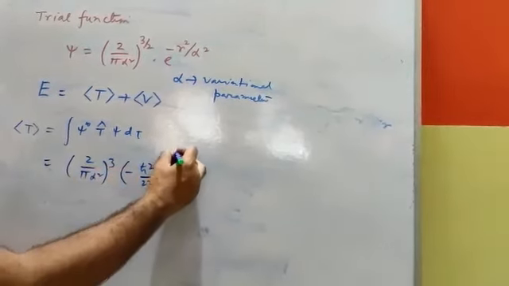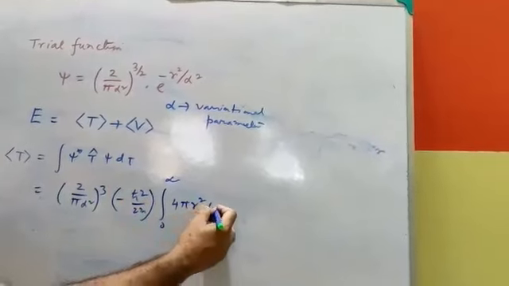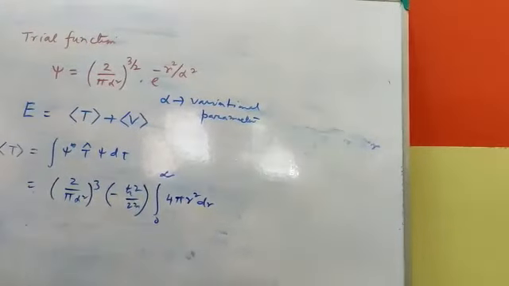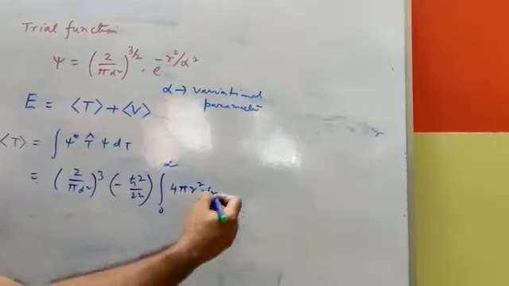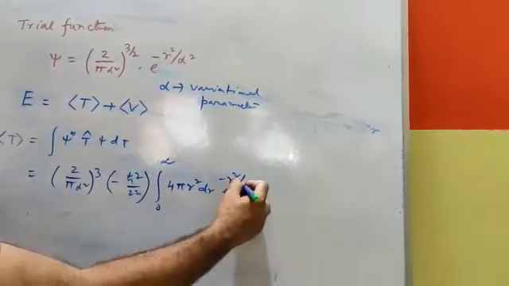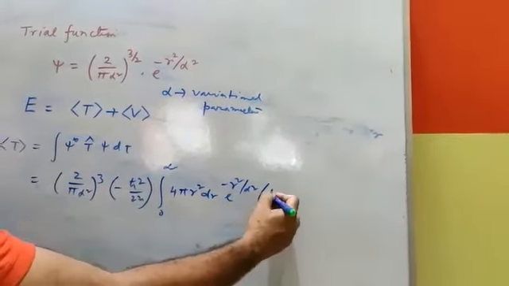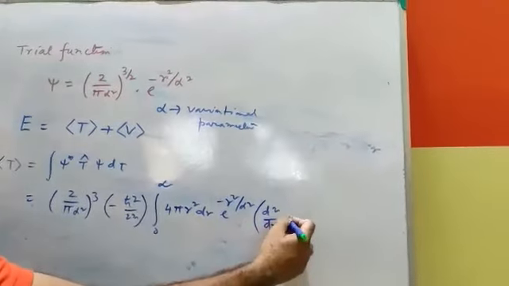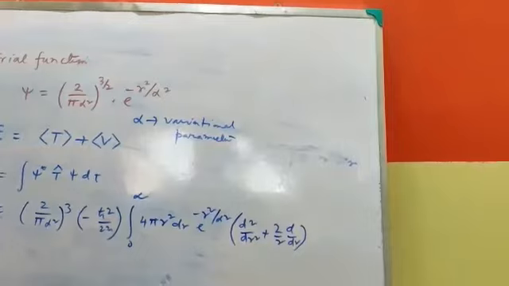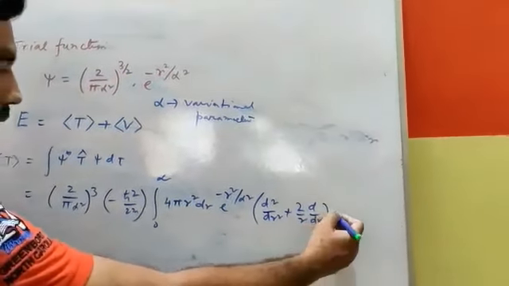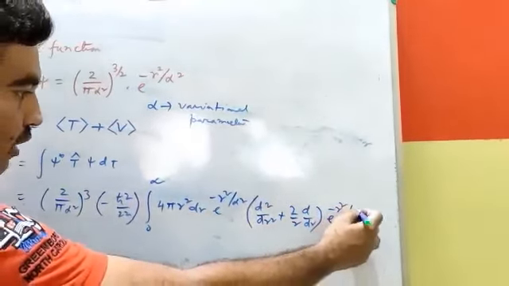Integration 0 to infinity, 4 pi r square comes from the d tau part. 4 pi comes from the integration of the angular part, 4 pi r square dr, e to the power minus r square by alpha square, and the kinetic energy operator d2 dr2 plus 2 by r d dr. There will be another psi here, e to the power minus r square by alpha square.